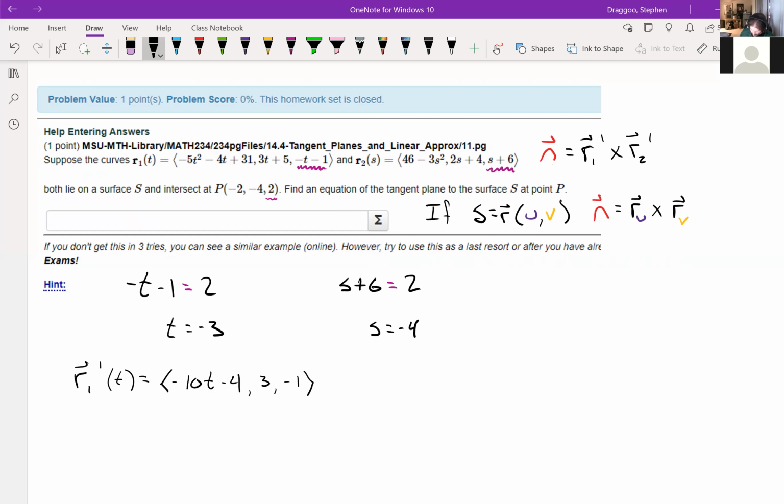On the other side, I'm going to want R2 prime of S. And it should be the vector (46, -6s, 2, 1).